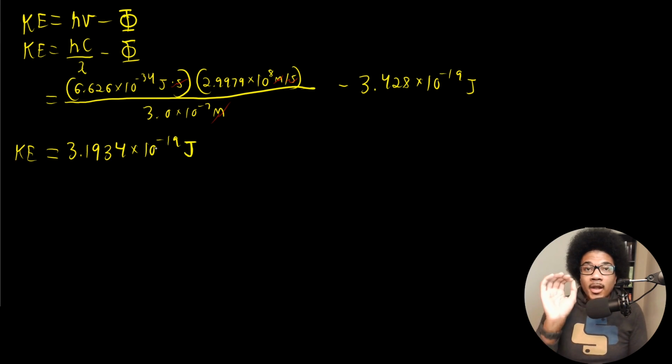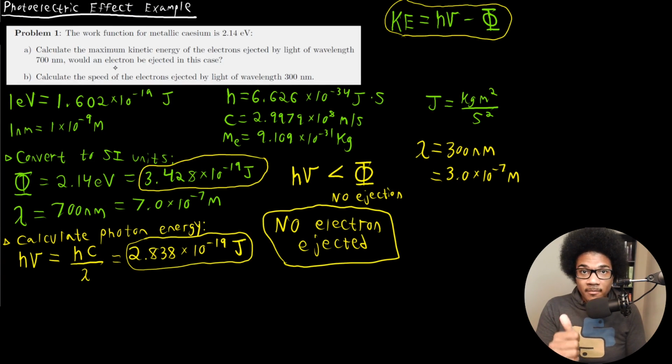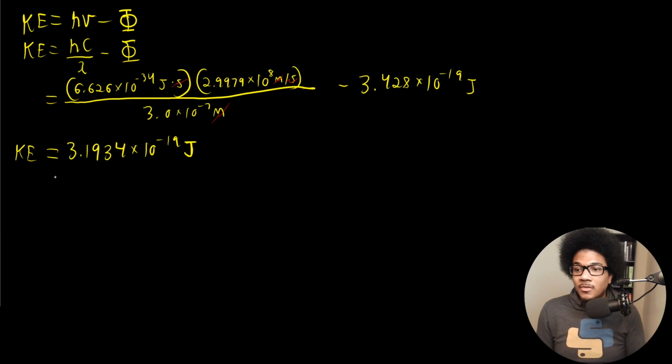Okay, so now that we have the kinetic energy, we can use that to calculate the speed of the ejected electron. Keep in mind, that's what we're looking for here in part B. So we just substitute one half m v squared in here. Let me actually just use symbols here.